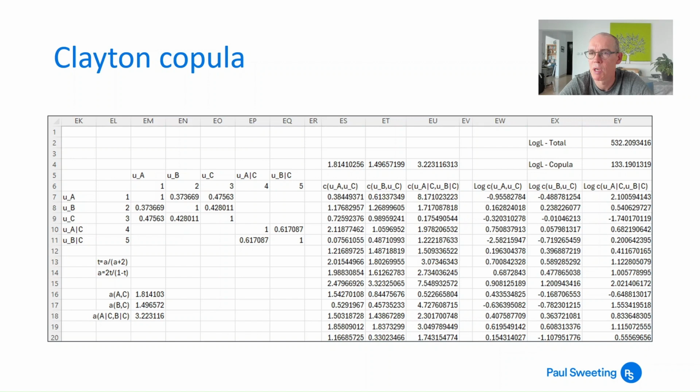So we'll try to maximize that likelihood function by altering ES4, ET4 and EU4. So we'll see if the maximum likelihood values for those parameters are slightly different to the ones that we find from method of moments, which they might be, because we have got this conditional copula, which complicates matters a little bit.